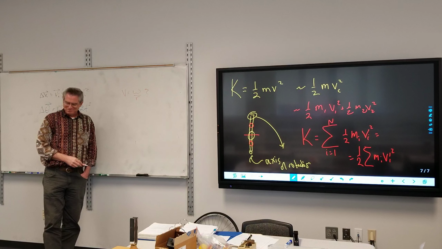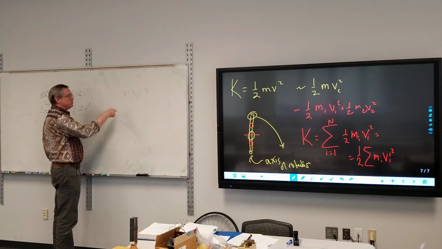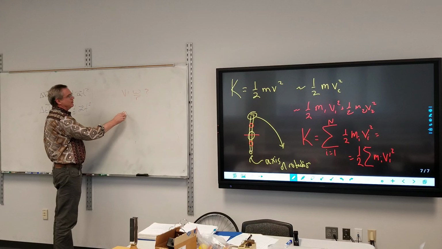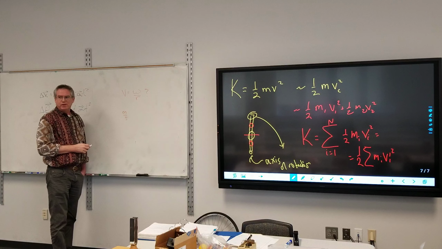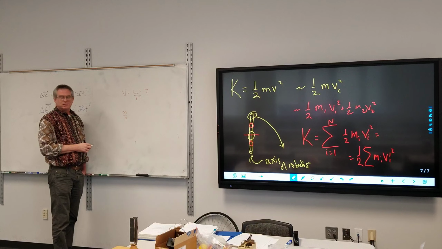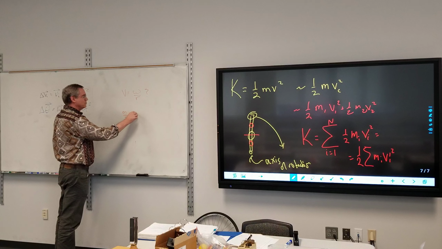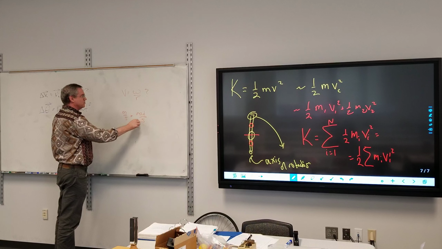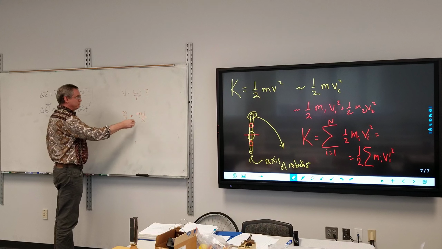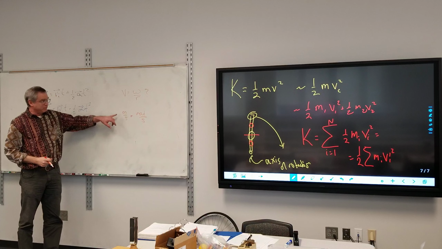Never mind. Let's think about units. What are the units of speed? Meters per second. All right, units of angular speed: radians per second. So obviously, we need to do something to get meters to radians.